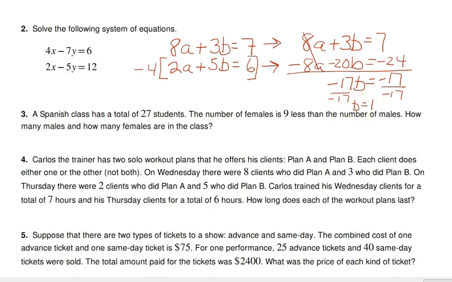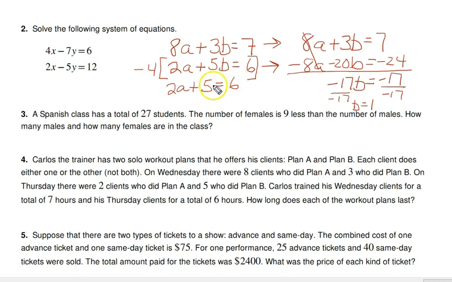Now, if B is 1, I can use either of these equations, and I can use this one. So 5 times 1 is 5. So I have 2a plus 5 equals 6, because our value of b is 1. 5 times 1 is 5.